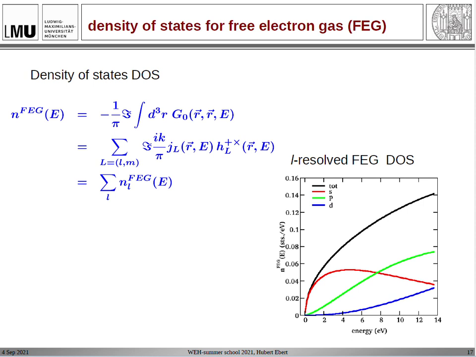But you see, definitely, if you go higher and higher in energy, then the higher angular momenta get more and more important, and the other ones get less important. So you start definitely at the bottom of the free electron band with S character, and then you have P and D coming in. And if you sum up everything, then you get this free electron parabola.